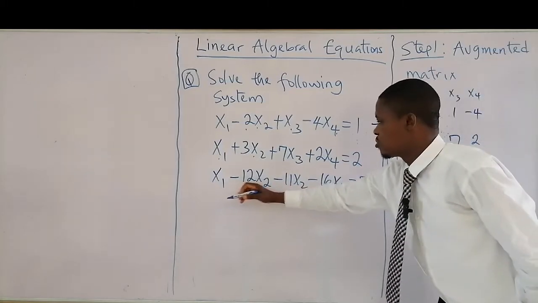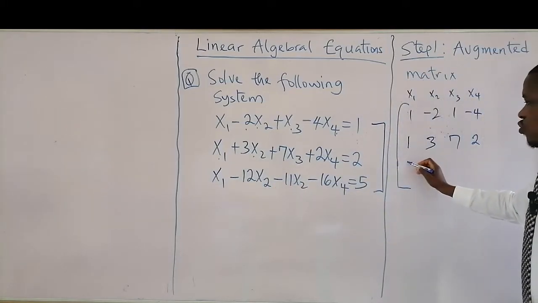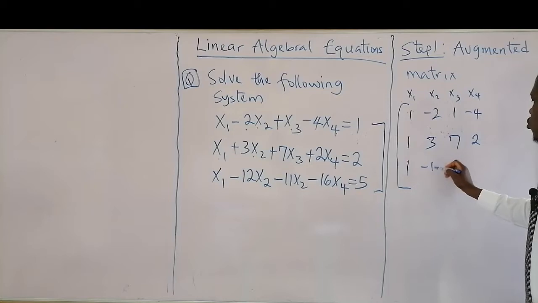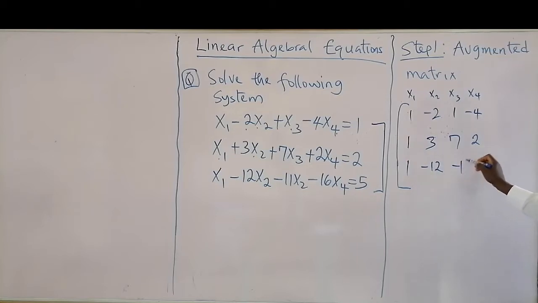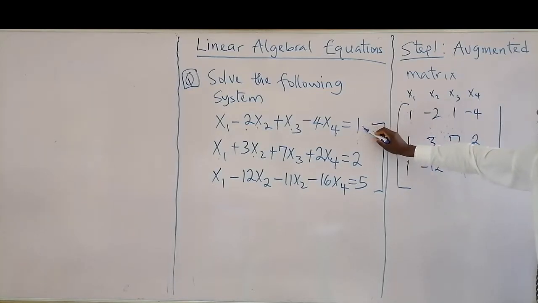Then the last equation: the coefficient of x1 is 1, then minus 12, minus 11, and then minus 16. Then you put your line for the augmented matrix, and those will be the values on the right side of the equals sign. So that will be 1, 2, 5.